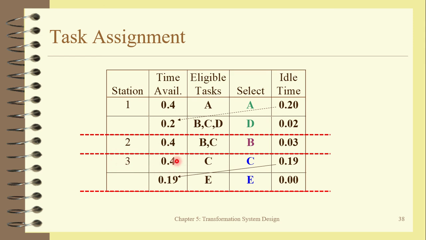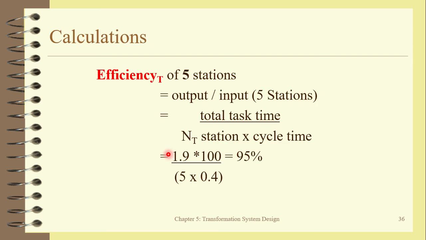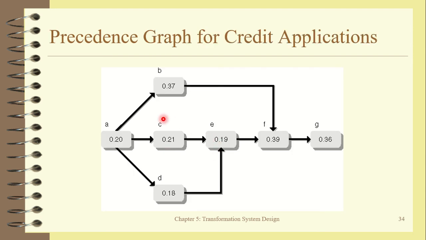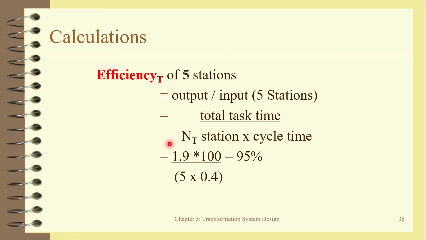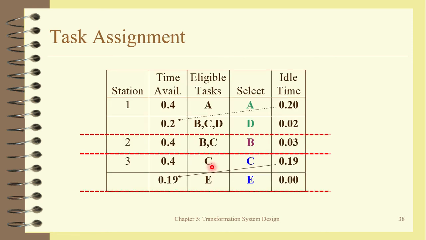Again, the cycle time is reset to 0.4. Now just one task is available for you to choose, that is task C, which requires 0.21.